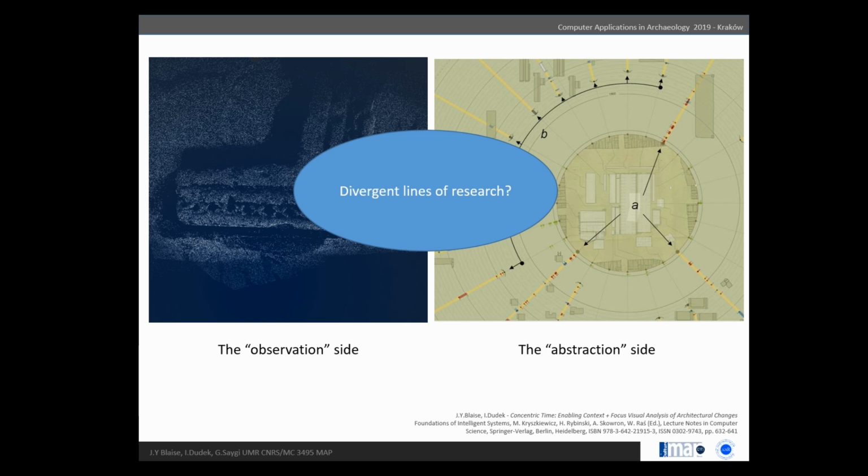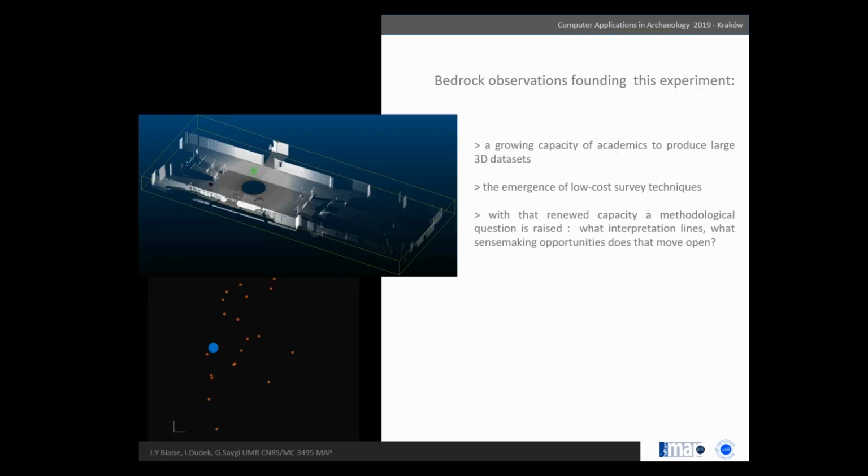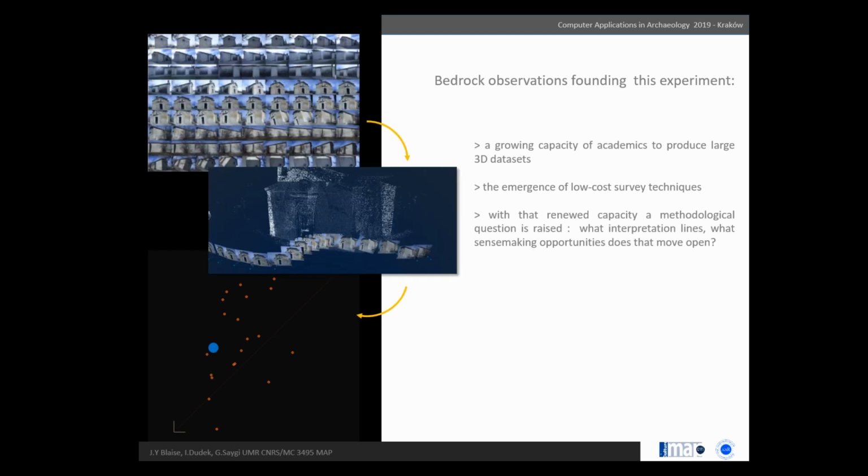Now, more generally speaking, the observations found in this experiment are as follows: a growing capacity of academics to produce large 3D datasets, typically through laser scanning, over here, and in parallel, the emergence of low-cost survey techniques. Now, this second point raises a new methodological question. What interpretation lines does that open?